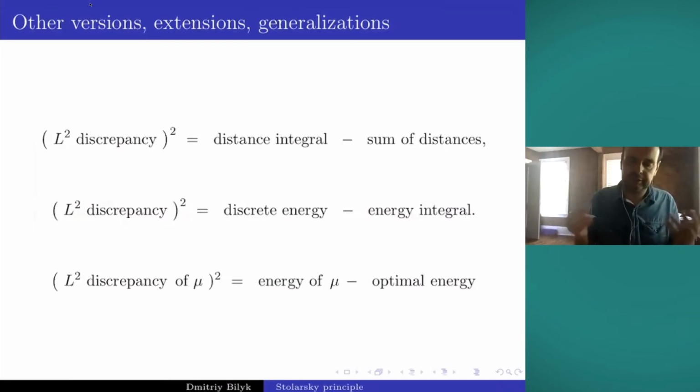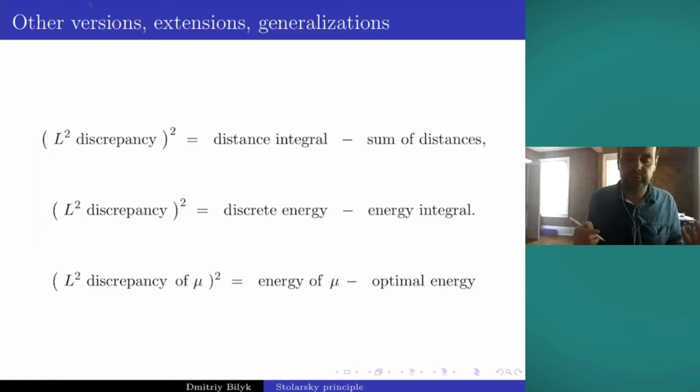Extensions will have exactly this form. Either you have something very relevant in metric geometry, where you have the distance integral and the sum of distances, and you compare them, and that's equal to some form of L2 discrepancy. Or, more generally, you can have some form of discrete energy and an energy integral.